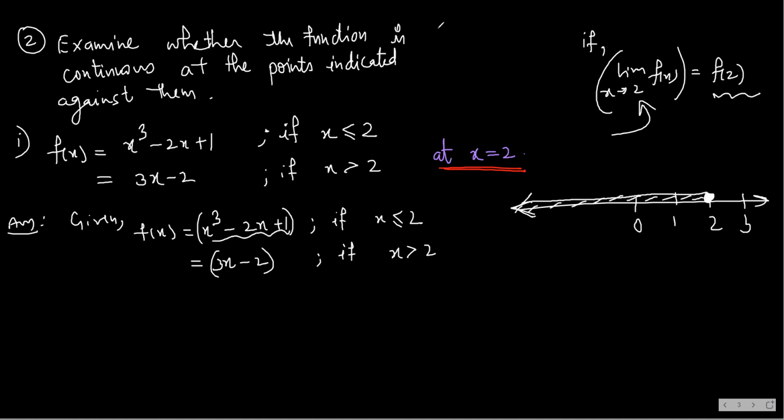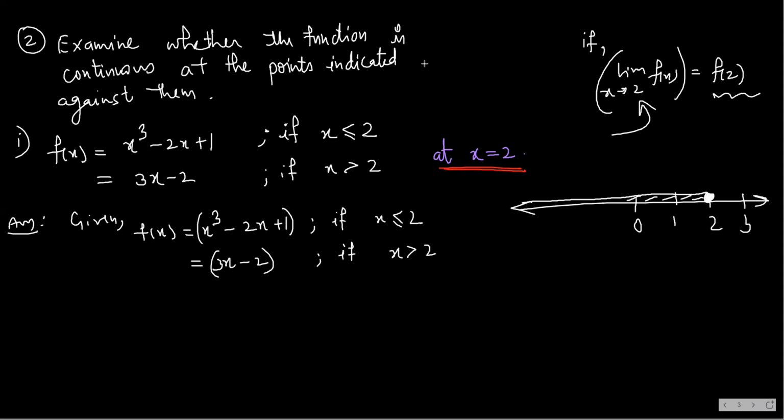But when x is greater than 2, my dear students, that is on this side, the function is this. It means the function is changing its definition on the left and on the right of x equals to 2. That means we cannot find the limit here directly. We'll have to find the left hand limit and right hand limit.